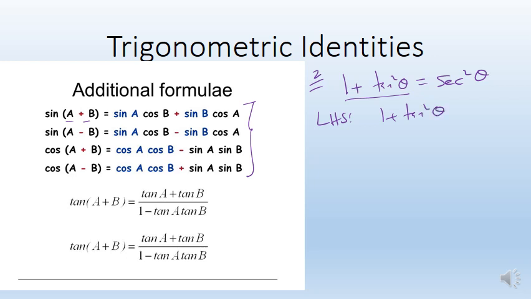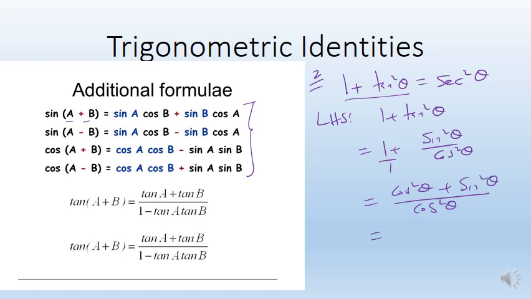Break it down. Tan squared is the same as sine squared over cos squared theta. This is 1 over 1, so take the common denominator, cos squared theta. 1 goes into cos squared theta, cos squared theta. Cos squared goes there 1 time, so you get sine squared.